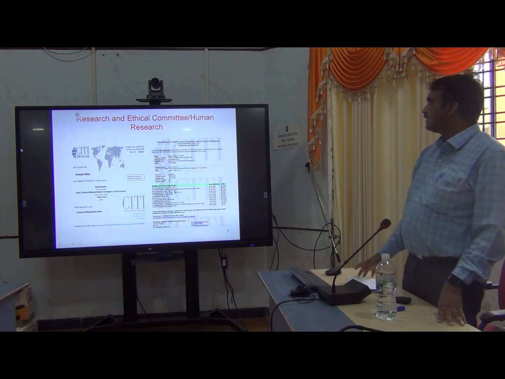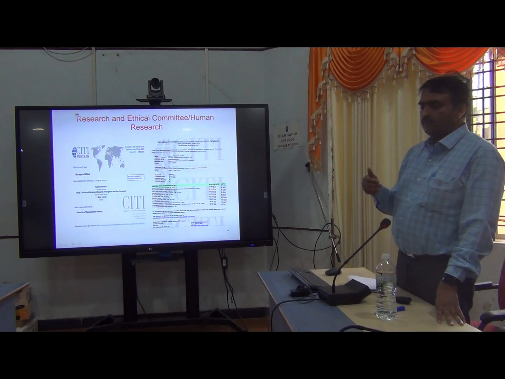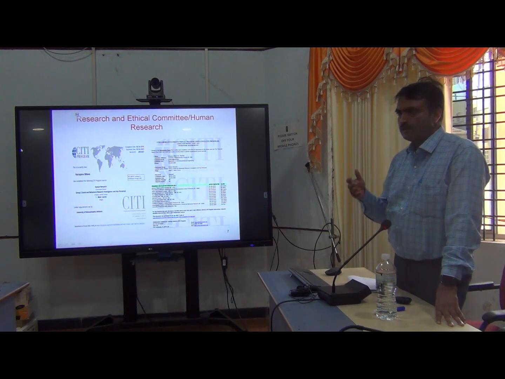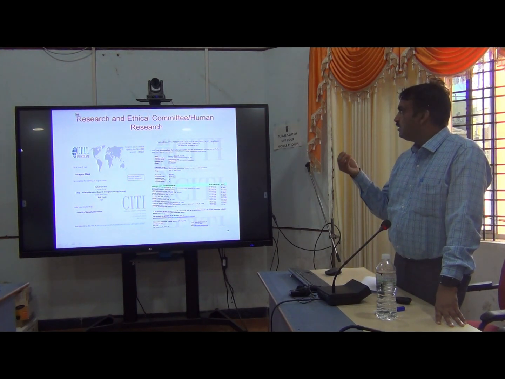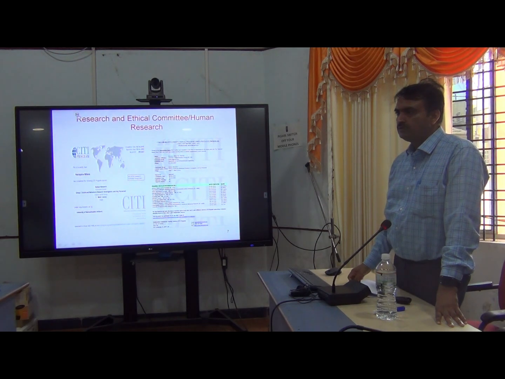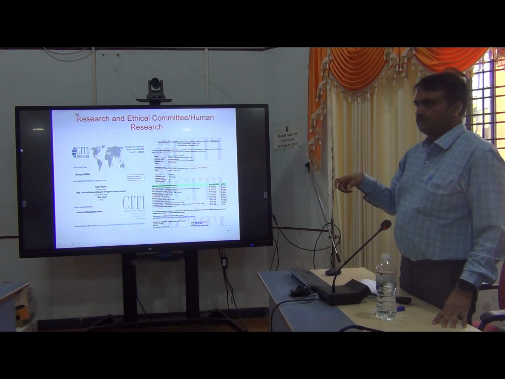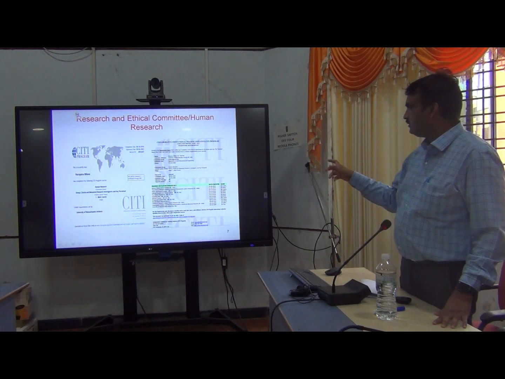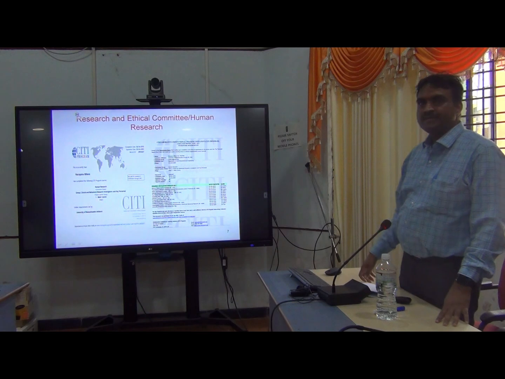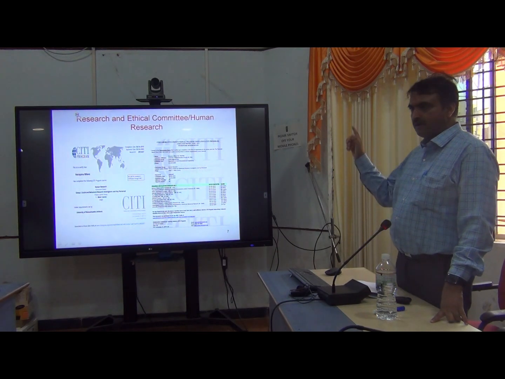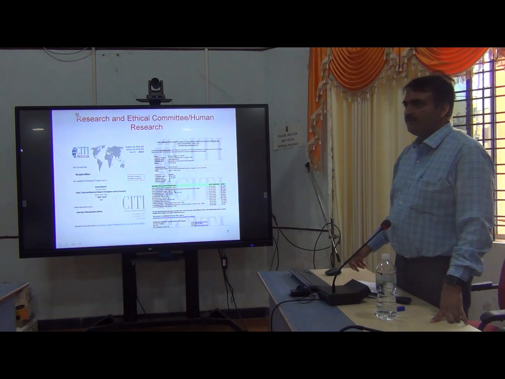This is the research ethical committee. Suppose last time for the COVID project, we took a project from the University of Massachusetts. They told us that you have to pass this exam, then only we will be able to give the project to you. I didn't know about these subjects. Then they sent the information. These are typed, this is their schedule. You have to pass each subject one by one. Total 12 subjects are there. I have to read and pass them. Then only they give permission for the project.